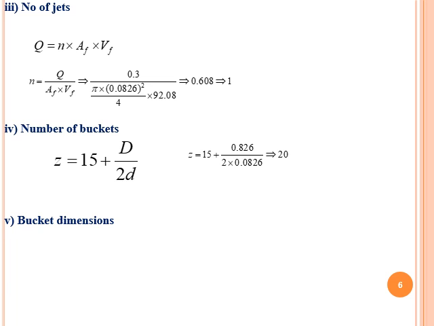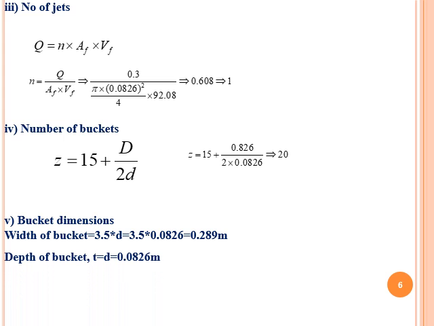Next, find the other dimensions of the buckets, that is the bucket dimensions. So width of the bucket is calculated. It is 3.5 times the diameter of the jet, that is 3.5 into 0.0826, that is equal to 0.289 meter.